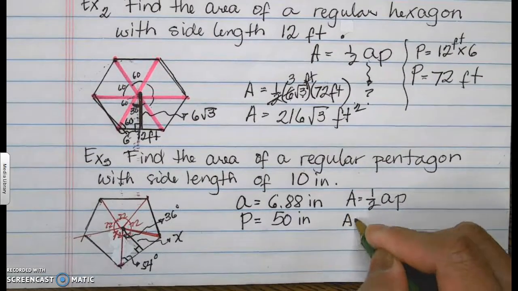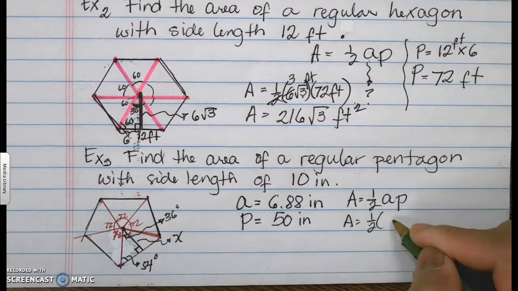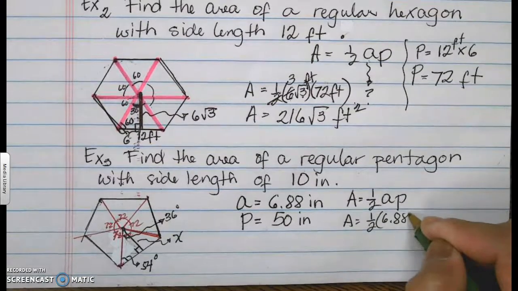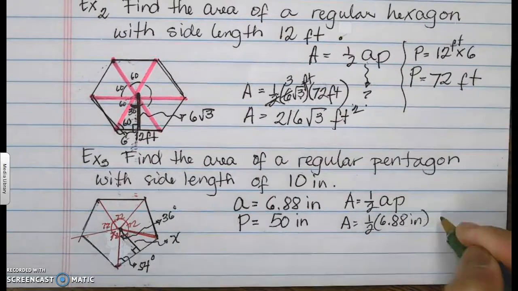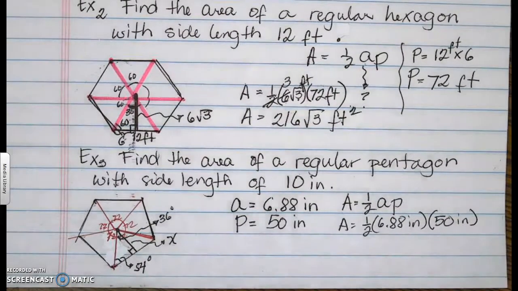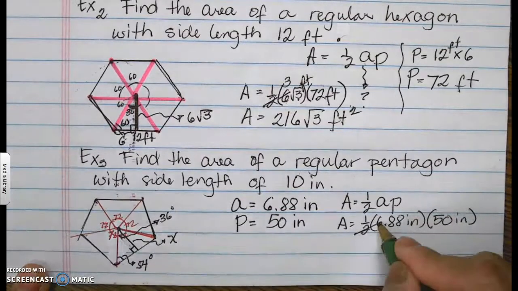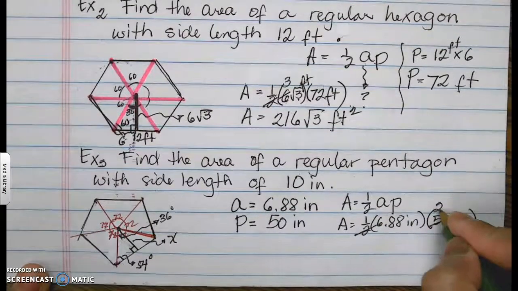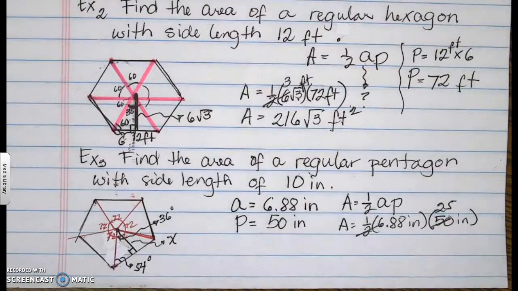So area is equal to 1/2 times 6.88 inches. Perimeter is 50 inches. I'm going to cut this in half, so I will just have 25 inches. Based off of our calculations, this 6.88 times 25 is going to give us 172, and our unit is inches squared.